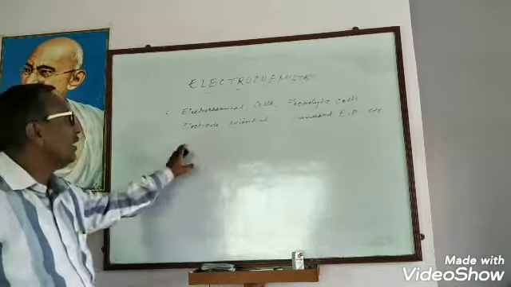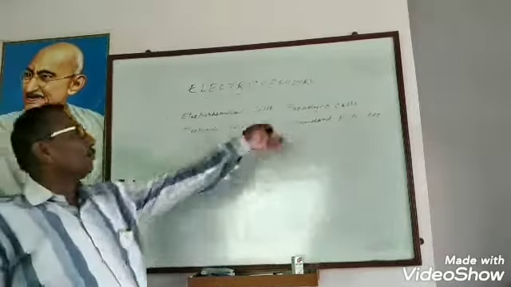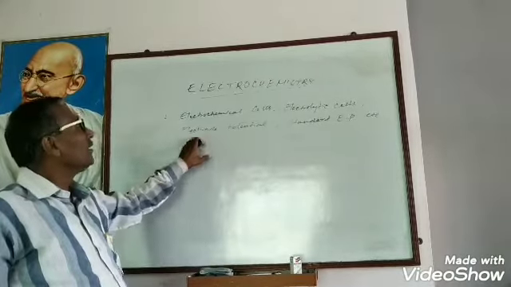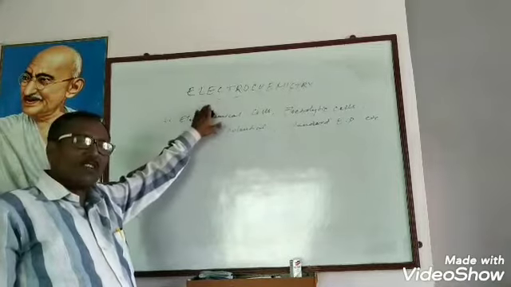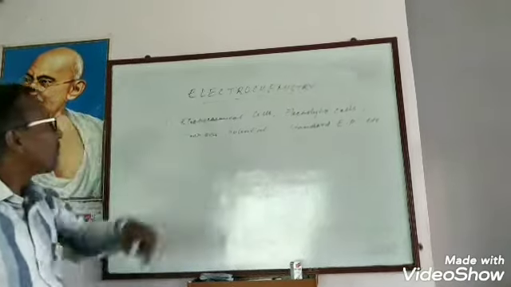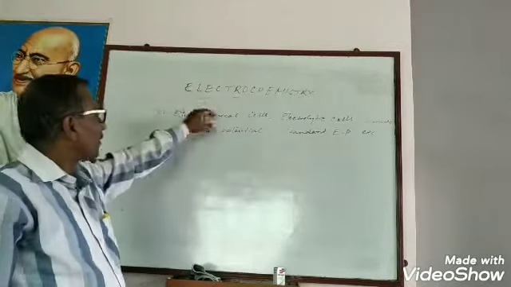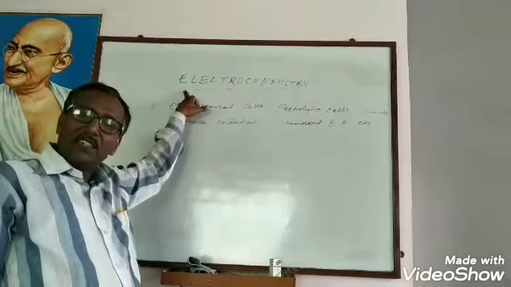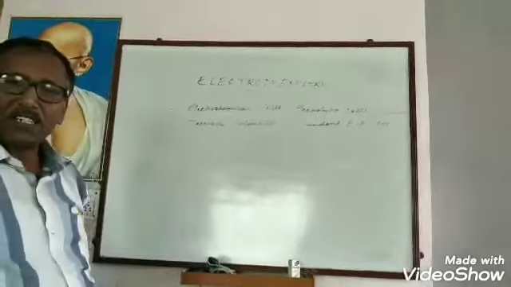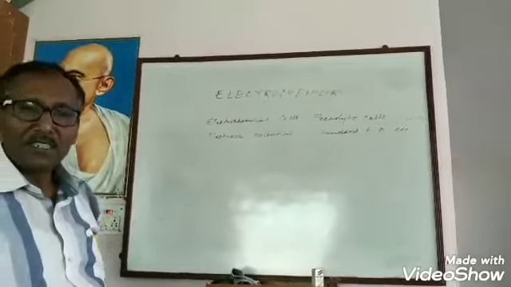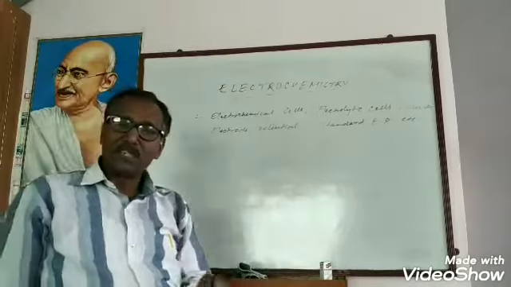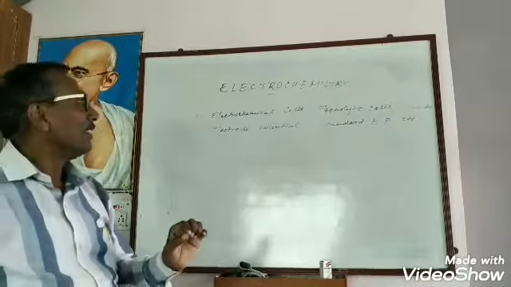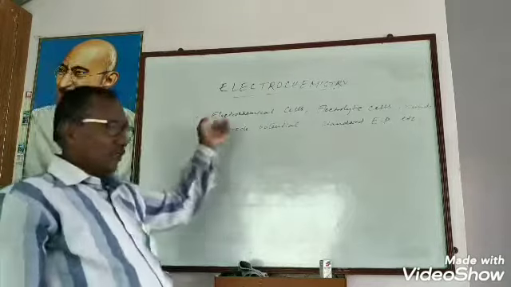You might be knowing. However, we have to recapitulate all these things once again, because these are very, very important to have better concept in this chapter. We define all these terms. We start from the chapter electrochemistry. It is a branch of chemistry which mainly deals with the interconversion of chemical energy and electrical energy and vice versa.